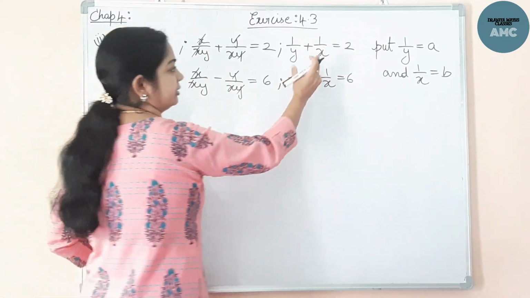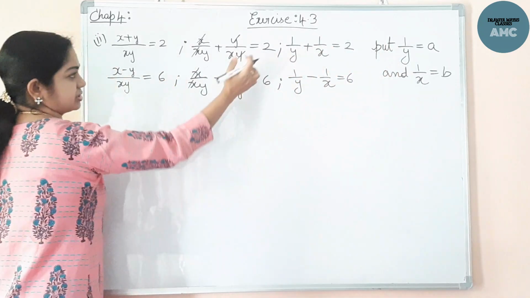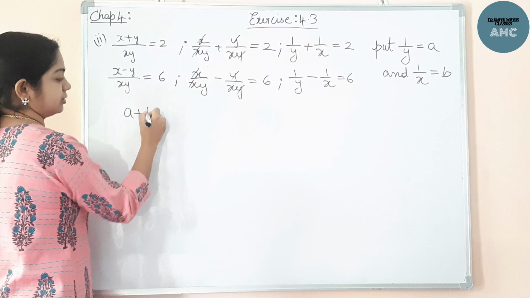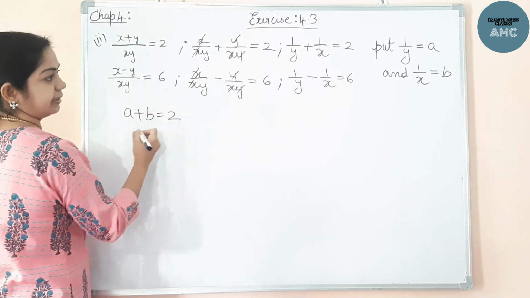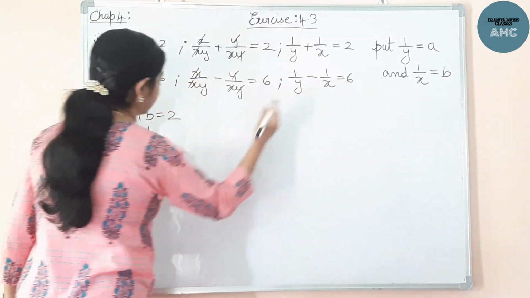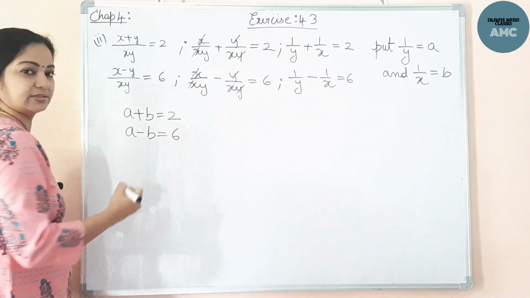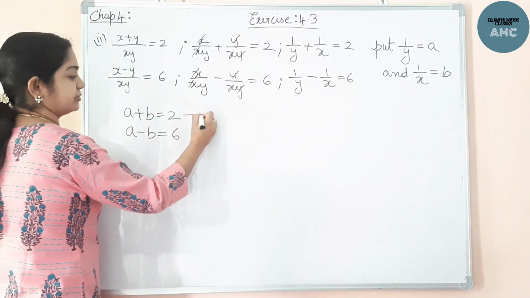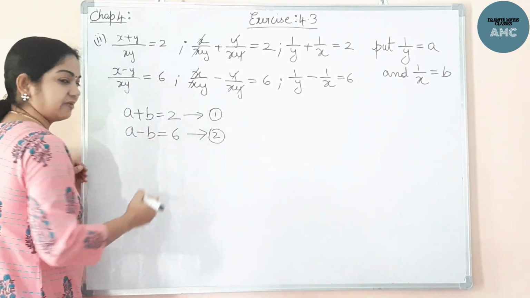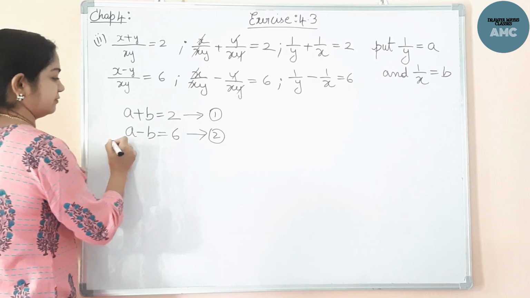Now we will reduce the equations. The equations will be reduced into a and b: a plus b equal to 2 and a minus b equal to 6. These are the equations reduced to linear equations. Now clearly they are linear equations having degree 1. Now let's solve them.